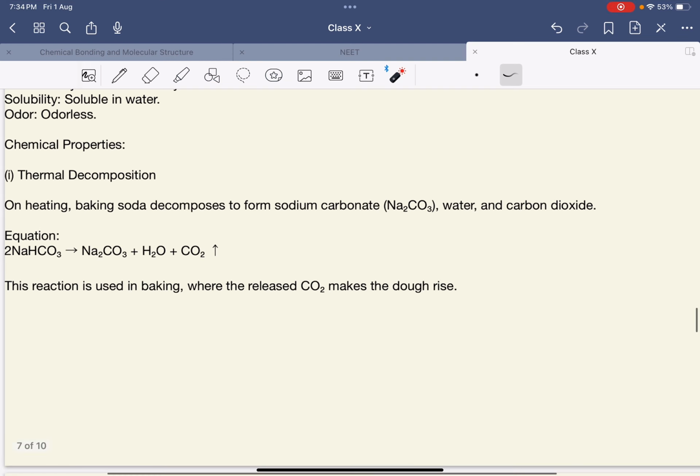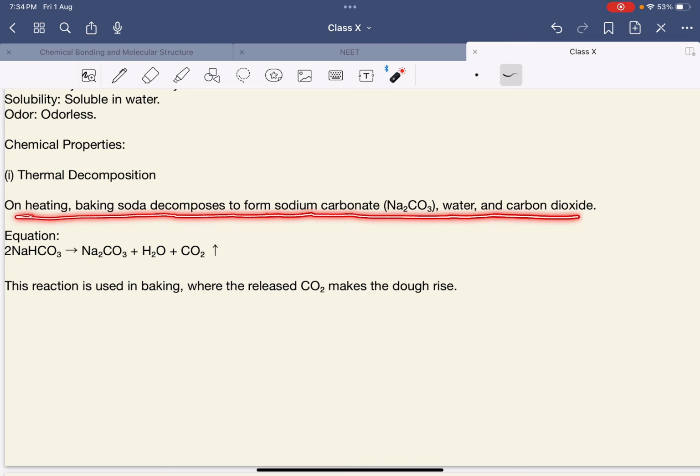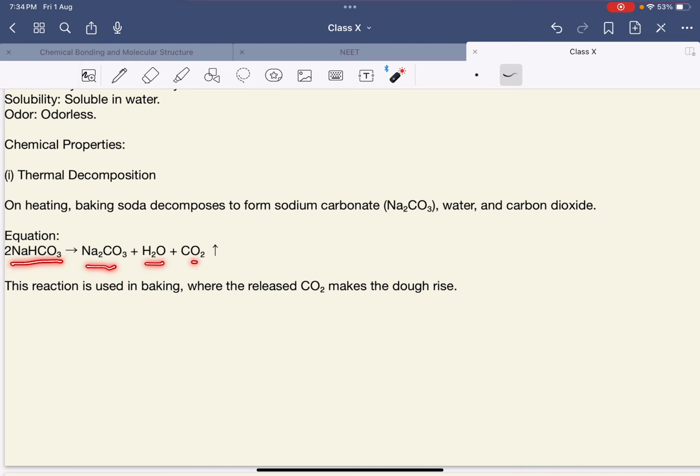On heating, baking soda decomposes to form sodium carbonate, water and carbon dioxide. The use of carbon dioxide is very important. So, chemical equation: sodium hydrogen carbonate gives sodium carbonate, water and carbon dioxide.